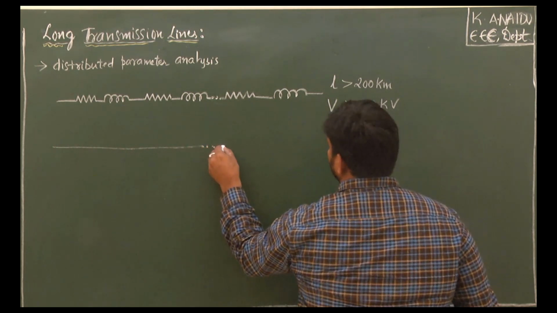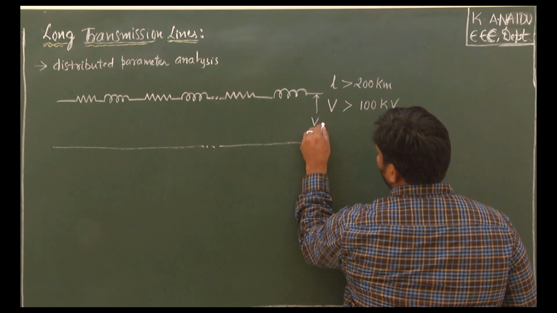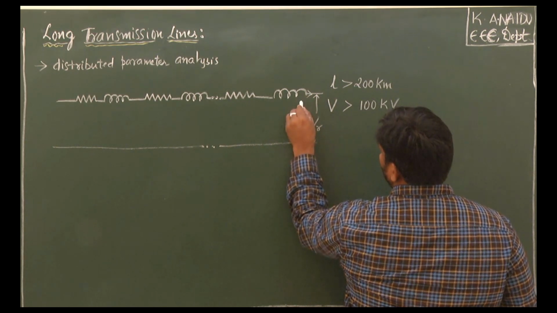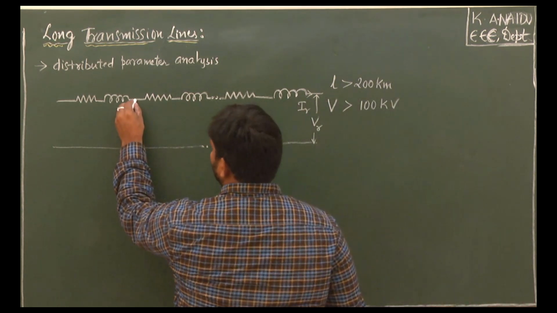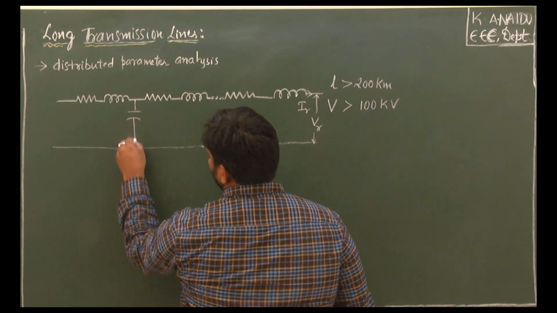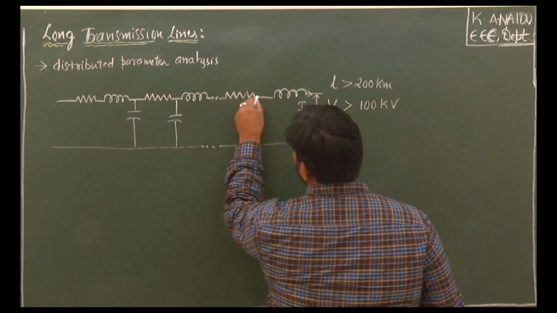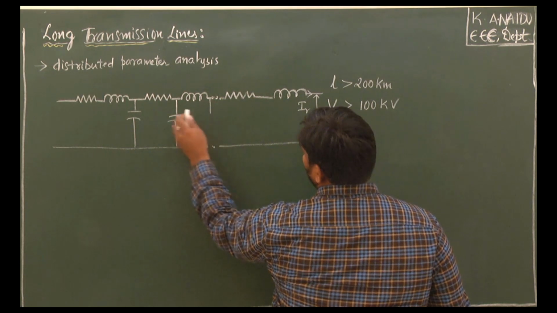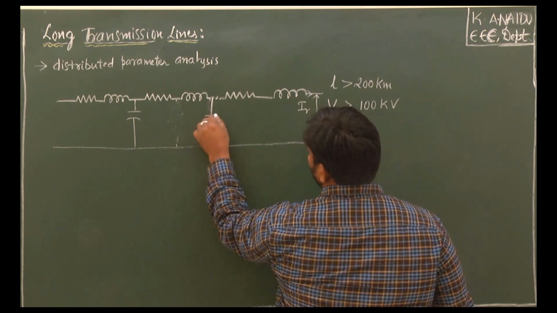This can be taken as receiving end voltage VR, receiving end current IR, and the shunt parameters, that is the capacitance and conductance, are assumed to be distributed throughout the length of the line.